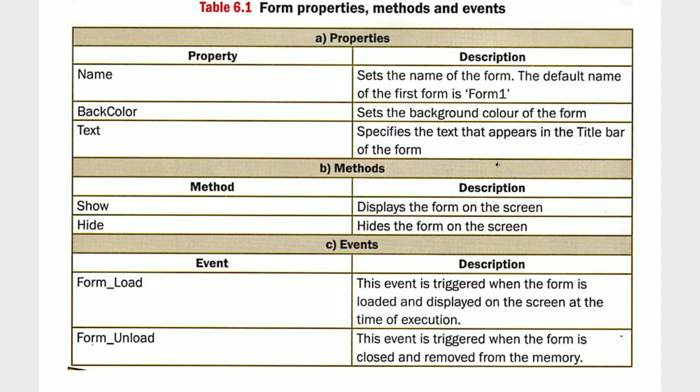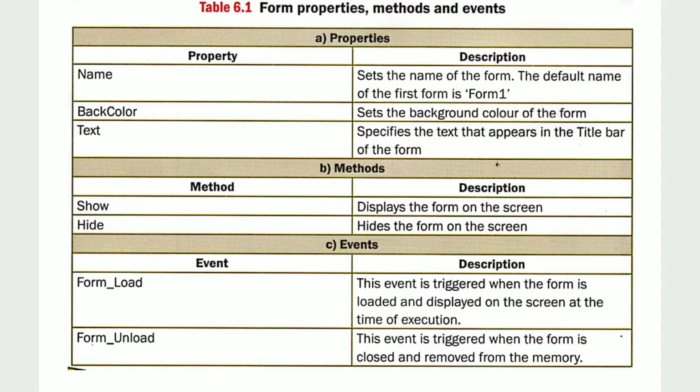The forecolor property is used to set the foreground color of the form. Also, the enabled property of the form is used to make the form active or passive. If the true value is used in the enabled property, the form responds to mouse and keyboard events, whereas the false value is used to disable the form.